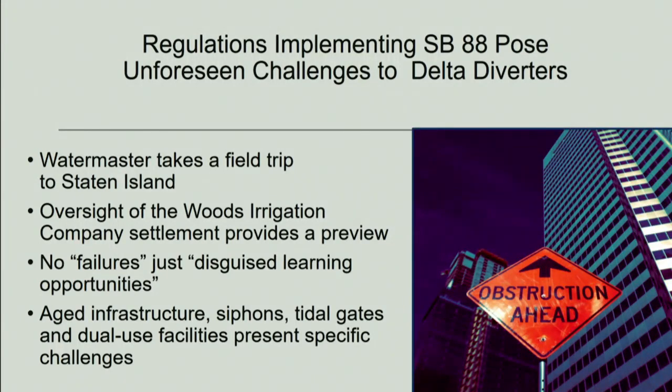And in part of that settlement, the Woods Irrigation Company had agreed to measure its diversions as well as measure its return flow to the Delta. And I'd also been out there and recognized that, despite best efforts and significant expenditures of money, they were having some problems coming into compliance with the settlement that they had agreed to.